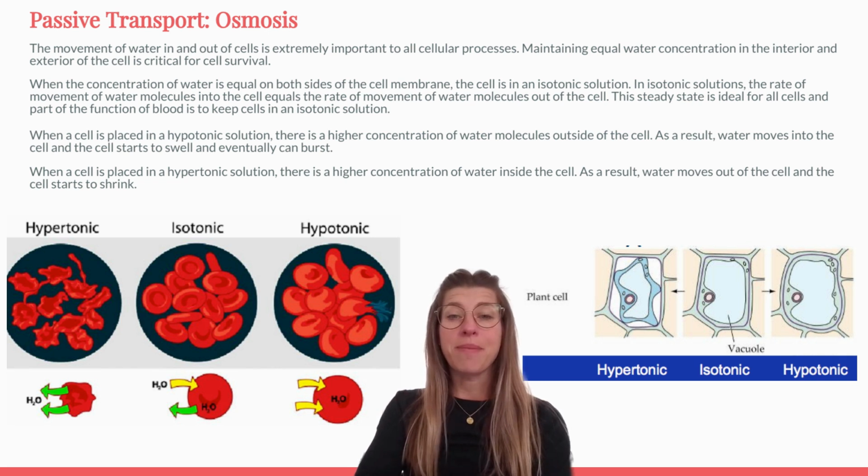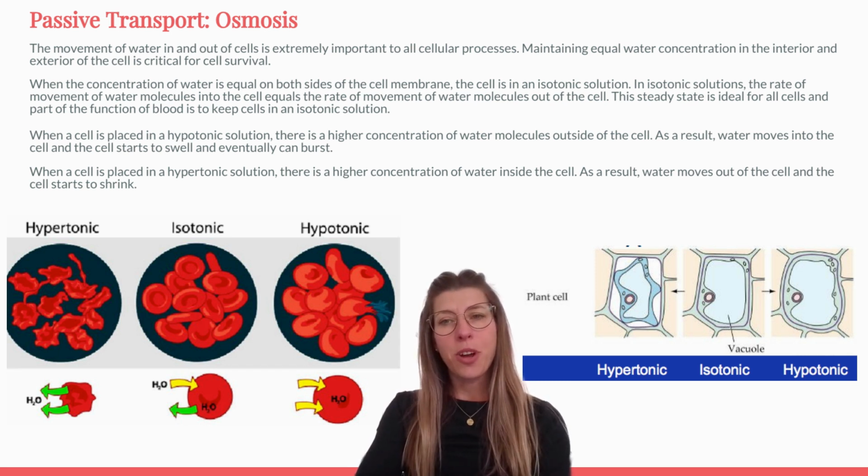Now, if we look at hypotonic solution, on the right side of each image, there is a higher concentration of water molecules outside of the cell as compared to inside. Inside, there's less. So water is going to move into the cell through osmosis, from the area of high concentration, extracellularly outside, to inside.